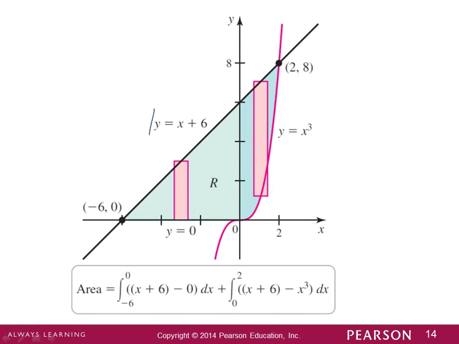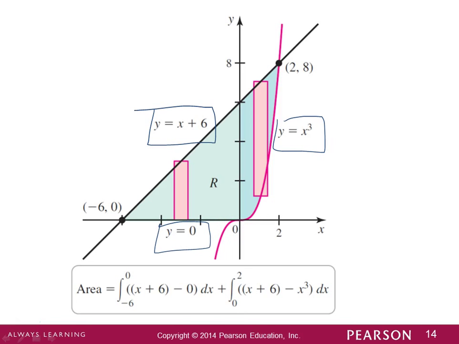Say we have the function y equals x plus 6, and we have the function y equals x cubed. And so we want to know, well, what is the area bound by these two graphs and the line y equals 0, or in other terms, the x-axis.